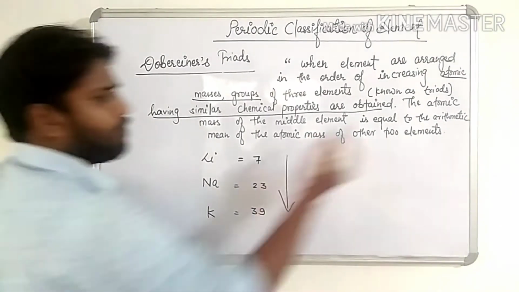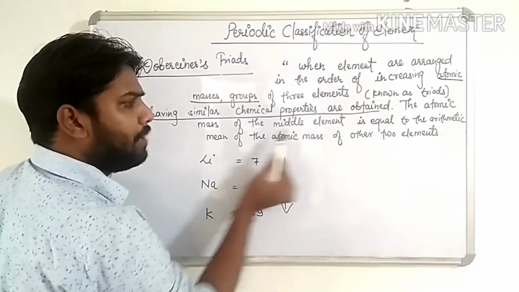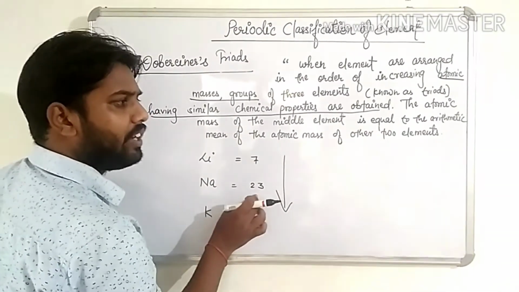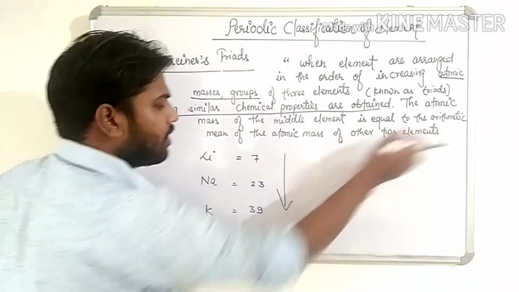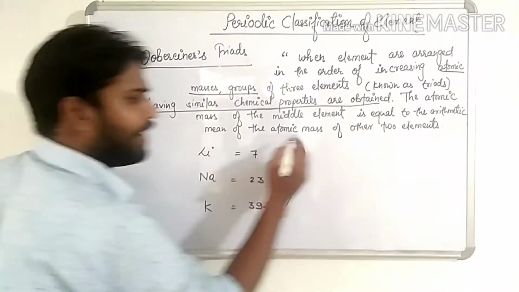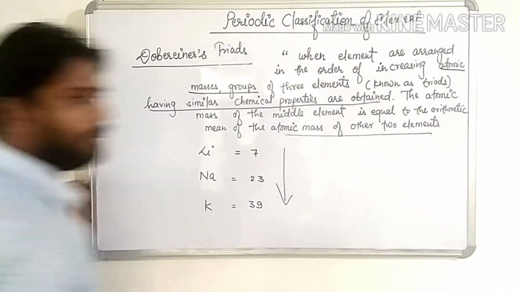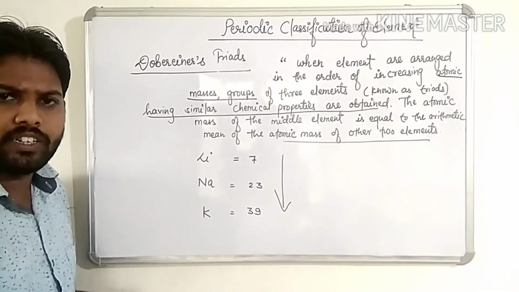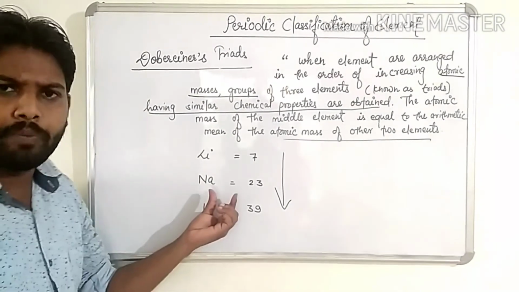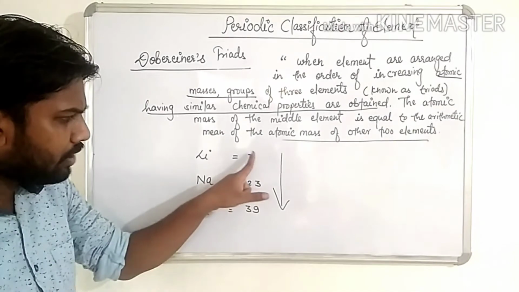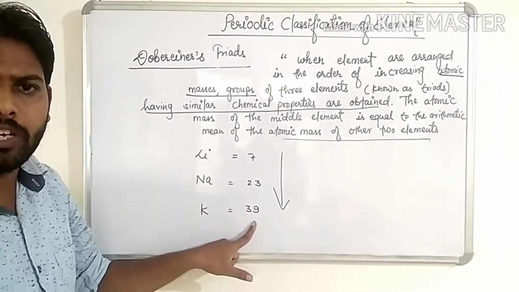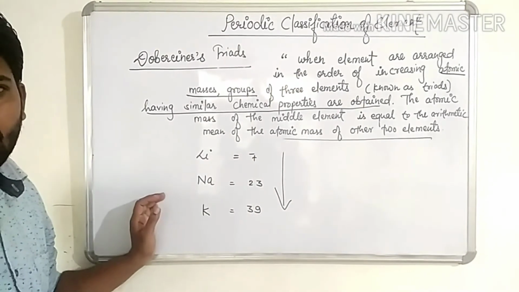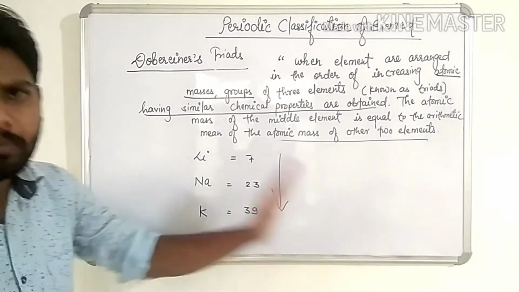And after that, the atomic mass of the middle element is equal to the arithmetic mean of the atomic masses of the other 2 elements. It means we can easily calculate the atomic mass of the middle element by the arithmetic mean of the other 2 elements if we arrange these elements in increasing atomic masses.